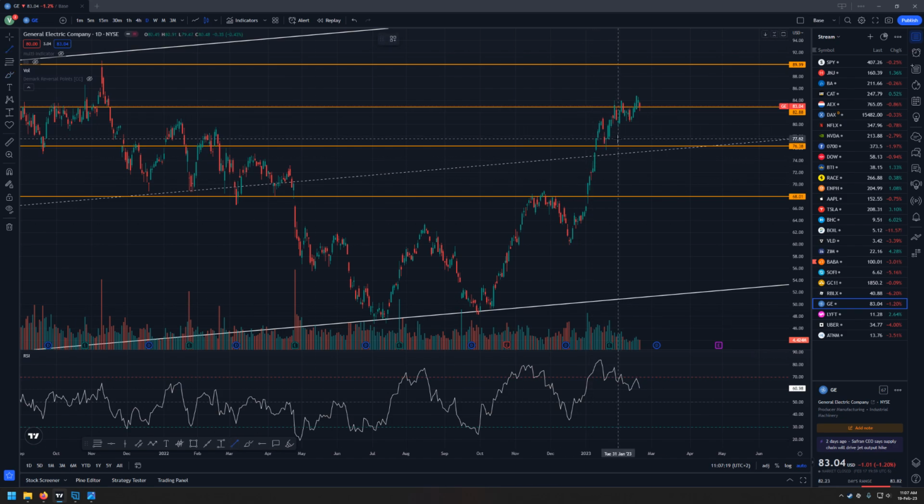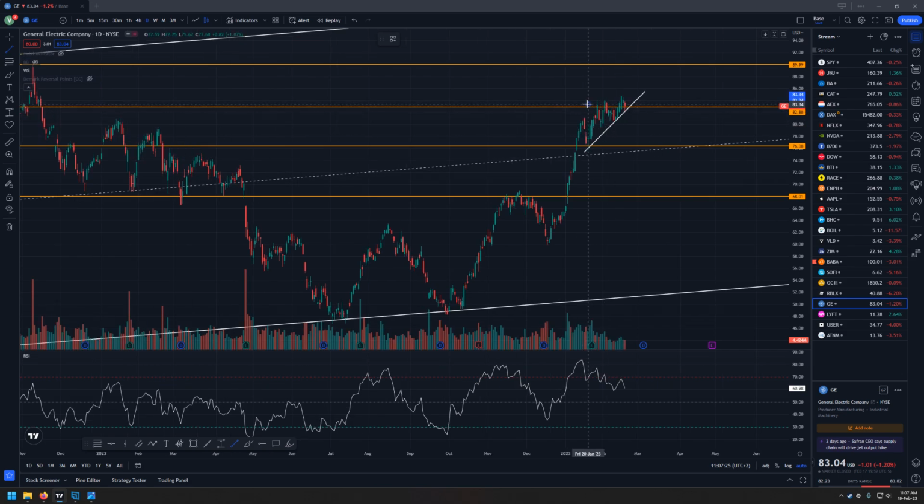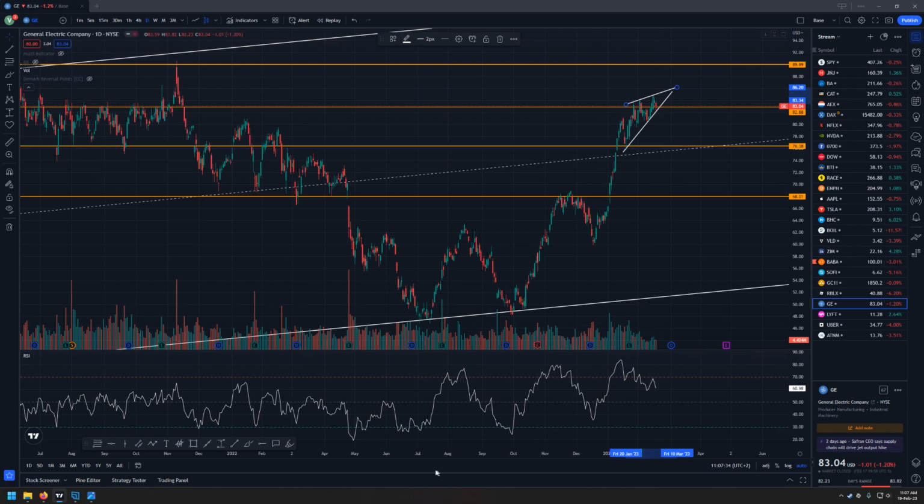GE has a rising wedge. It hasn't broken down yet. It probably will, but it's also likely to bounce. So I don't think it's ready yet on the next one. So most likely it will do this.